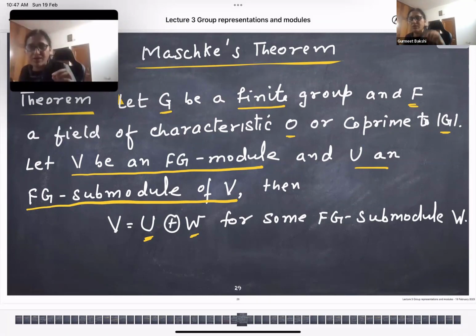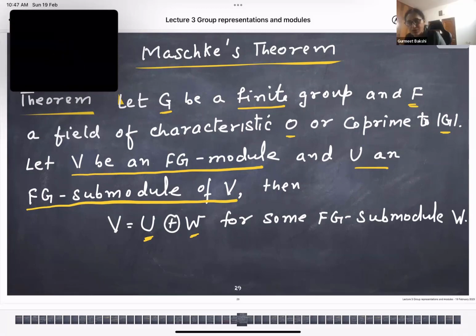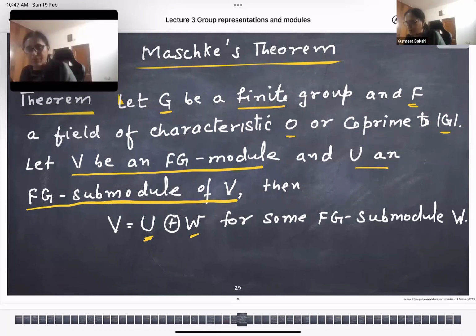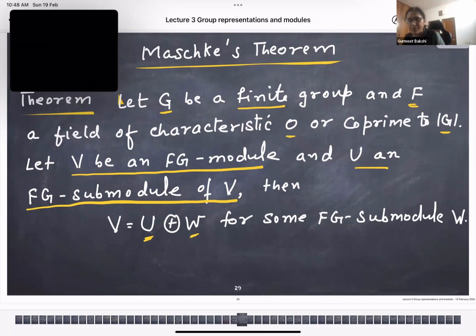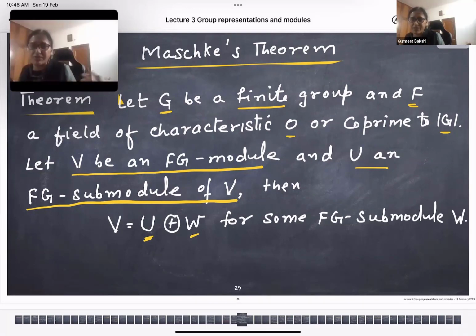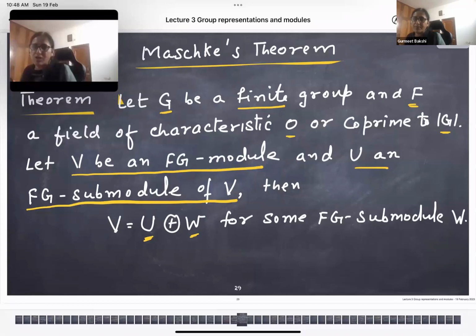If it is not, you break it again into two or many submodules. Since the dimension of V over F is finite, this process will terminate at one stage, and so you have written V as a direct sum of irreducible submodules.